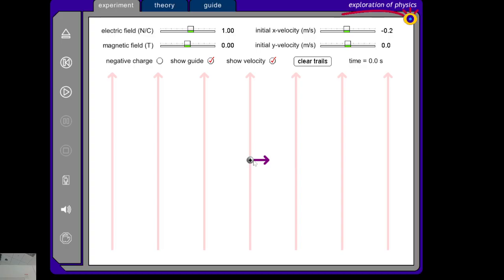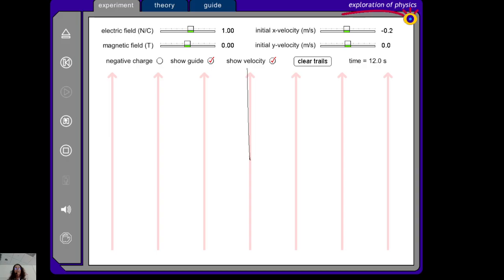Don't forget the test number 2. A positive charge wants to go with the electric field lines. So if I let go, it will accelerate. You see, the speed is going to increase. It's accelerating along the electric field. So an electric field accelerates or decelerates a charge.